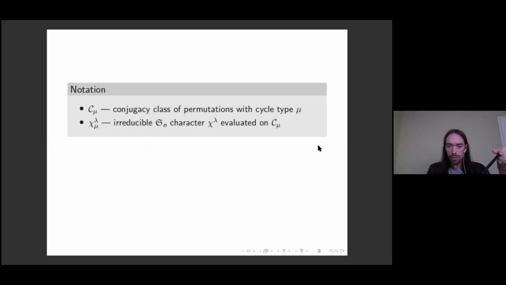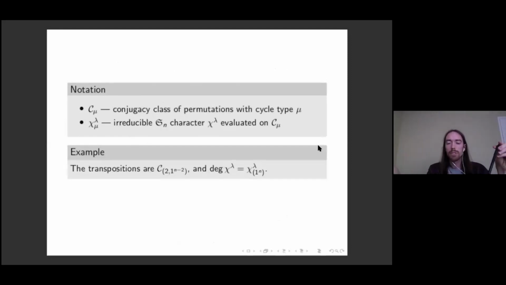So just to use the notation, the transpositions, like we saw from the previous page, that just have a single 2 cycle and then n-2 fixed points are denoted by C_(2,1^(n-2)). The degree of a character is just its value at the identity.